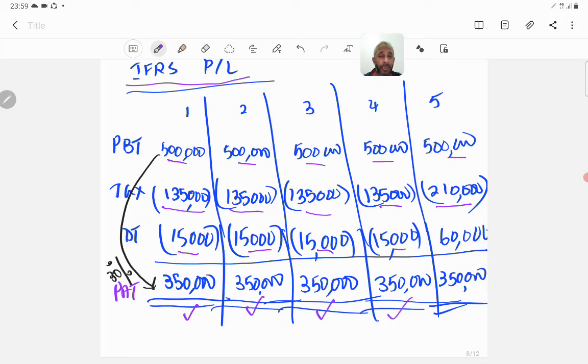But in year 5, my tax liability has increased to 210, but we smooth that out by introducing additional saving of 60,000, which has been accumulated over the last 4 years to use on a rainy day. Later, when my expense hits my P&L, my profit is shaking.